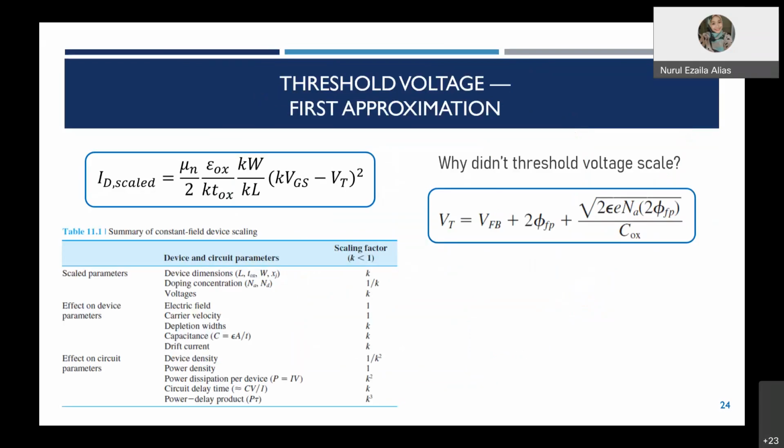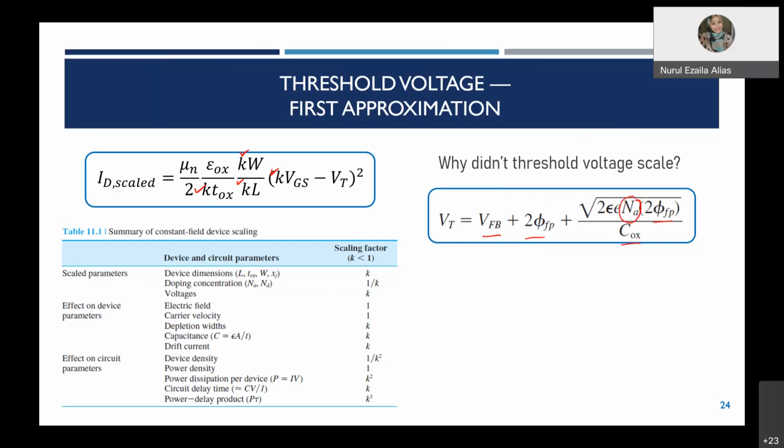All right. So what about the threshold voltage? For ID scaled, you have to multiply by K, K, K, and K. However, the threshold voltage is not affected so much by the K value, because all the parameters here are the V flat band, the phi FP, and C ox, and just NA.